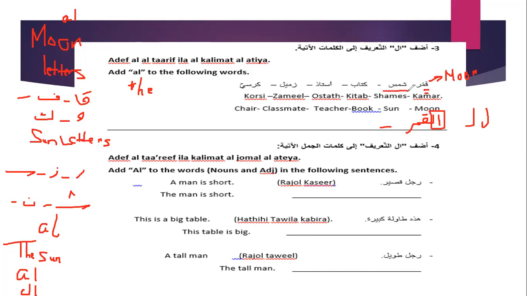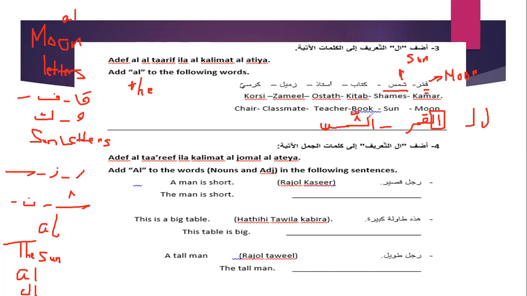Let's take Shams, which is sun. Is Sha a moon letter or a sun letter? Here is Sha, it's a sun letter. Please look, when it's a sun letter, what do I do? I should add above it shadda, the stressing shadda.